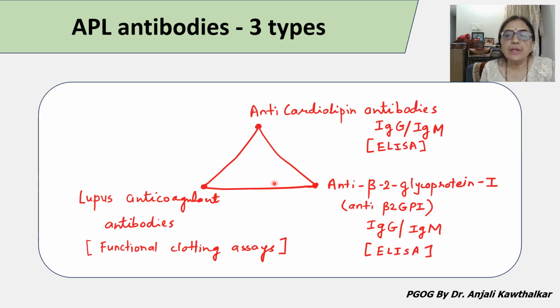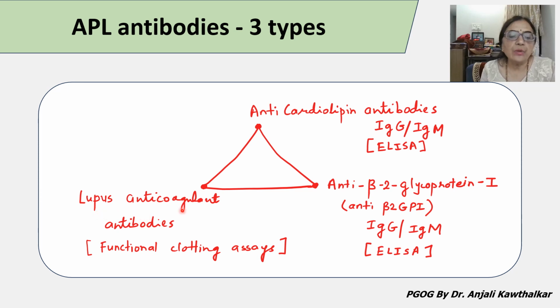So the three types of antiphospholipid antibodies are the anticardiolipin antibody, which is either IgG or IgM type, which can be detected by the ELISA test. Anti-beta-2 glycoprotein 1, again done with ELISA, and two types are there, IgG or IgM antibodies.